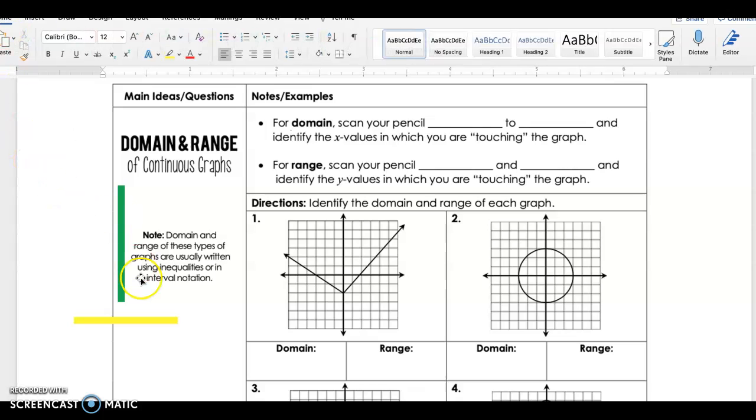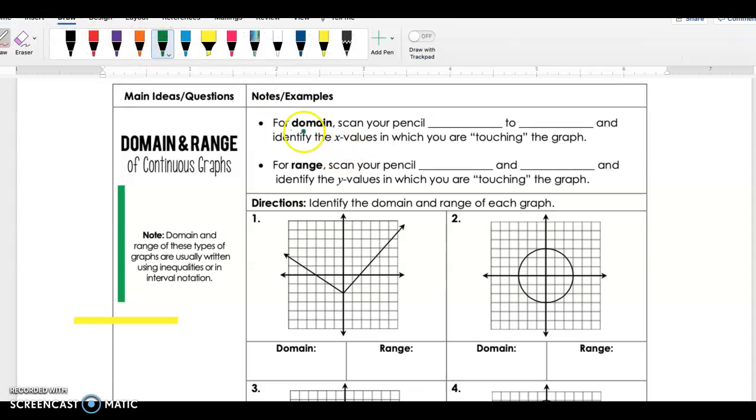So for the domain of our functions, we want to scan the pencil from left to right, and then we want to identify the x values in which you are touching the graph. Here's what I'm going to show you using the green vertical line.